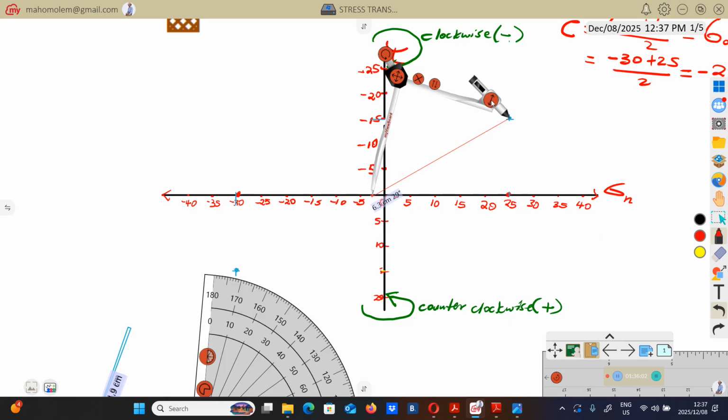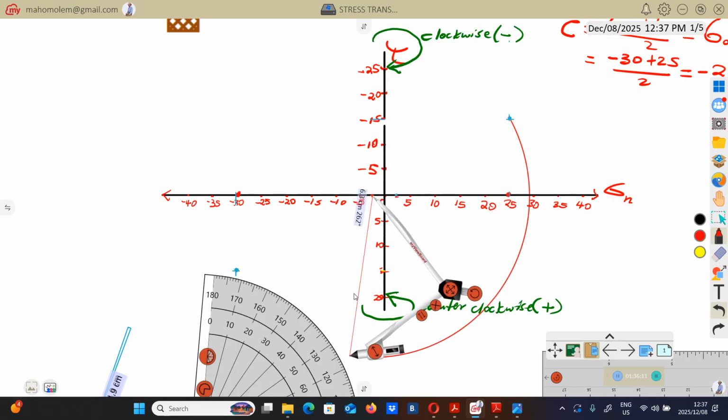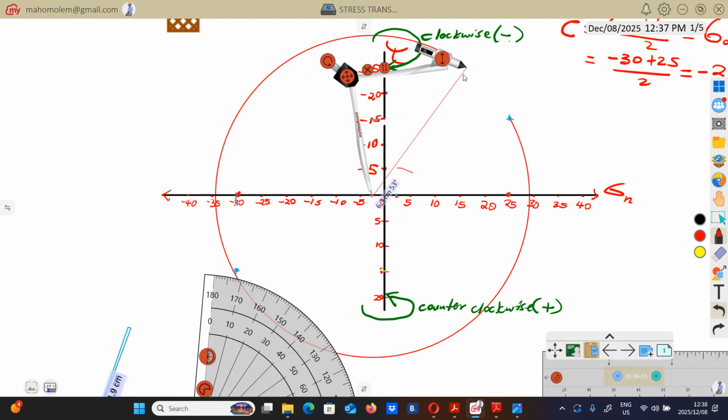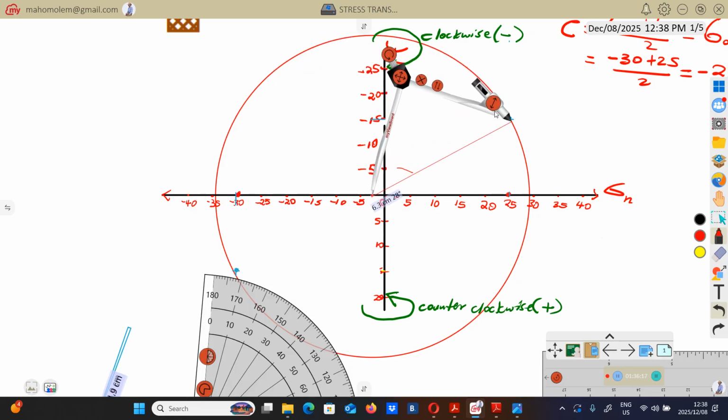Right, after this, you draw a circle. So you draw a circle, then you'll have this. It's passing, which means my marks were not that great. It was supposed to pass here.